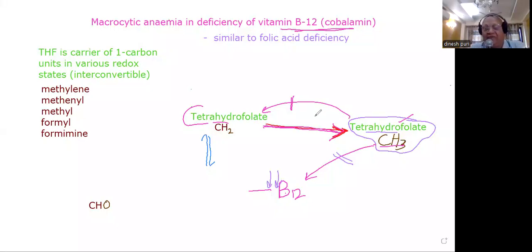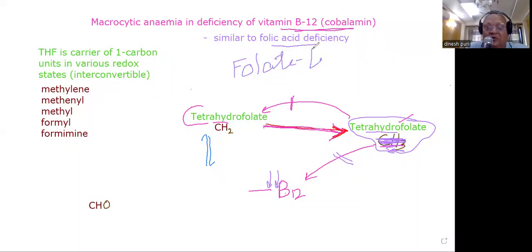Because of irreversibility of this reaction, tetrahydrofolate cannot be retrieved, cannot be obtained, and the methyl group cannot be eliminated because of deficiency of B12. So in other words, B12 deficiency leads to folic acid deficiency because of this so-called folate trap.